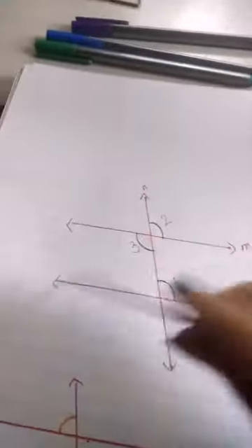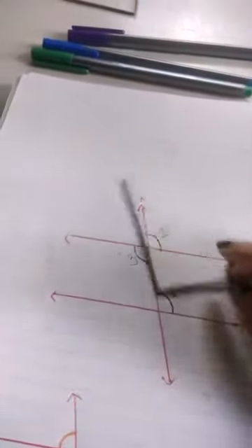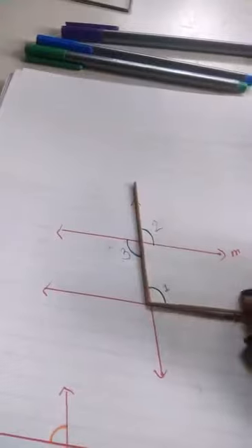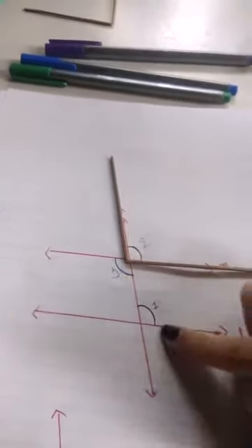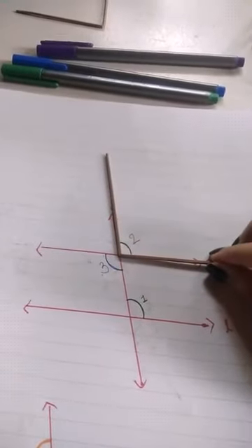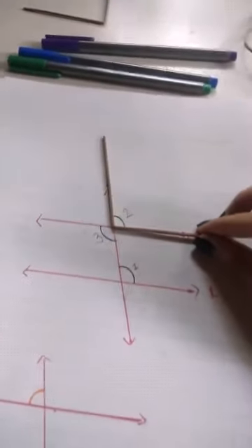So let's just go back to our sticks method. We're going to look at these sticks, and I'm just going to put this here. You can see this is angle 1, almost. It's not exact, but this is angle 1. I'm just moving it up. You can see that angle 1 and angle 2 are exactly the same, right? So corresponding angles are equal.